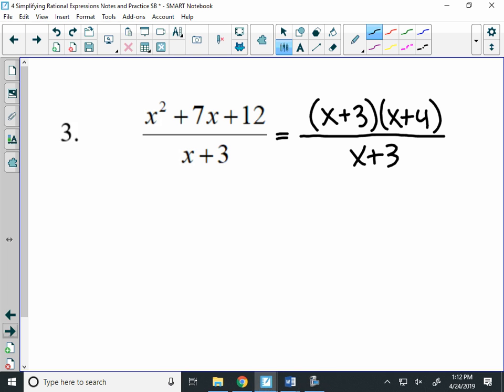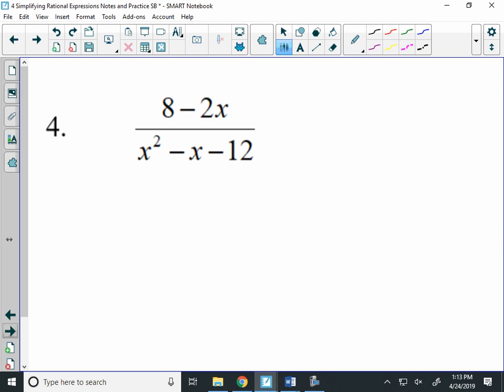Now, here's a good hint. In these kinds of problems, if you see the denominator has an x plus 3, more than likely, your numerator will also factor to have an x plus 3. Because I can now cancel off x plus 3 and x plus 3. What are you left with? X plus 4. And that's it.